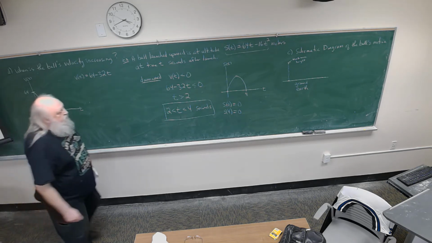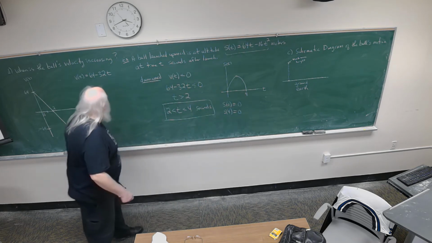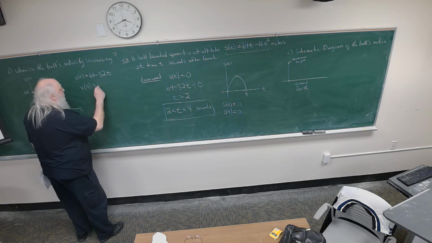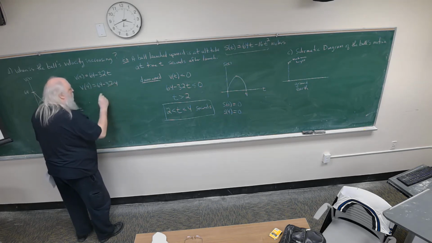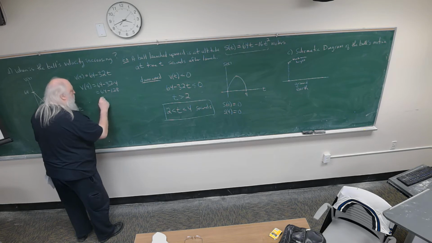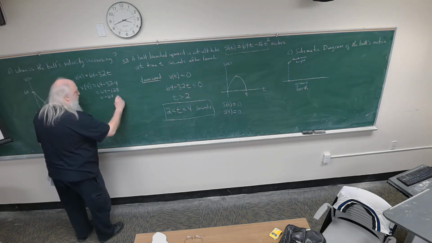So at t equals 4, the ball crashes into the ground, right? So v of 4 is 64 minus 32 times 4, which is equal to what? 64 minus 128, which is minus 64, right? Meters per second.